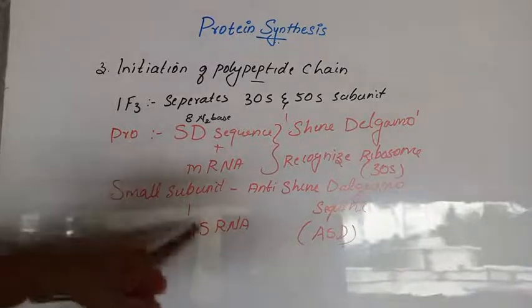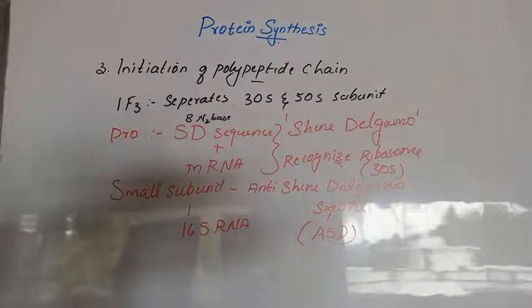With the help of this SD and ASD sequence, mRNA recognizes the smaller subunit of ribosomes.